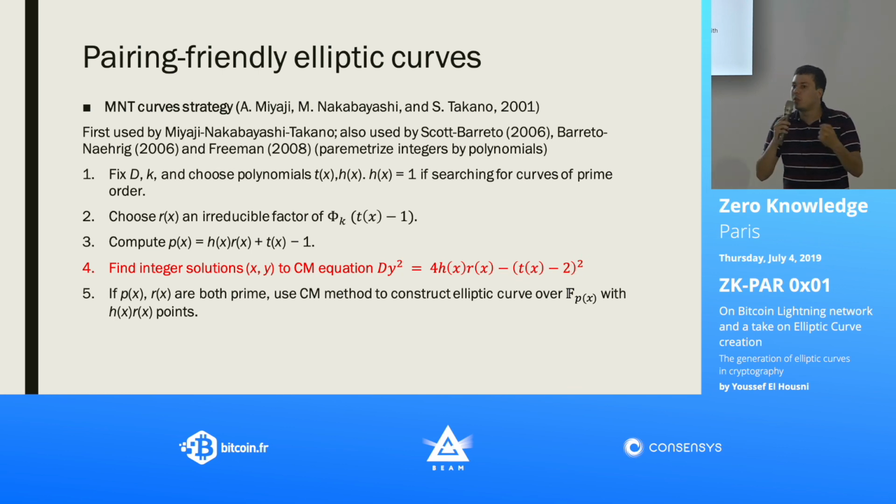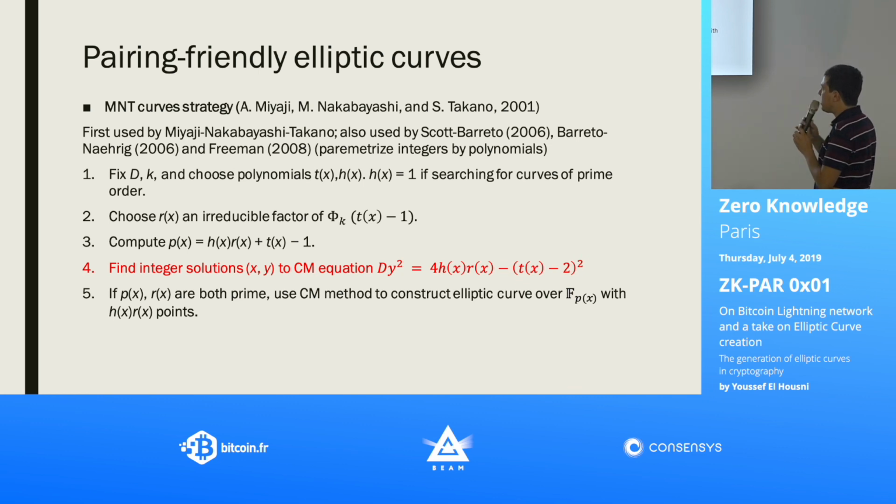So what are those polynomials you will take? What is the degree of this polynomial? Remember when we were talking about elliptic curves over Z, there is a nice theorem by Siegel that says that elliptic curves that have integral coordinates, so coordinates that are integers, are finitely many.